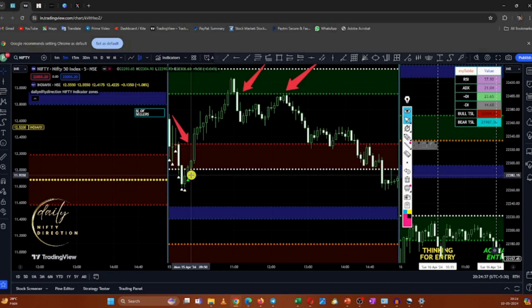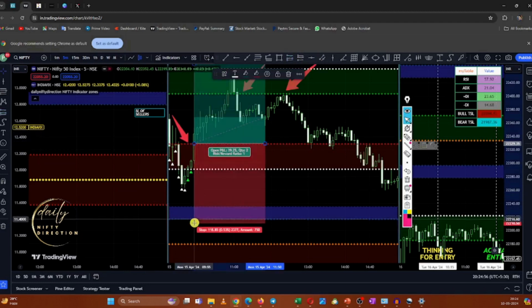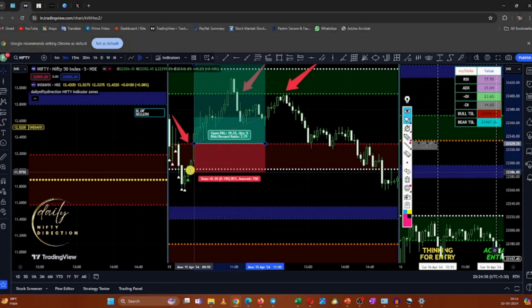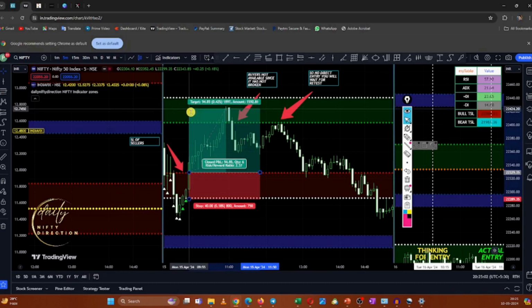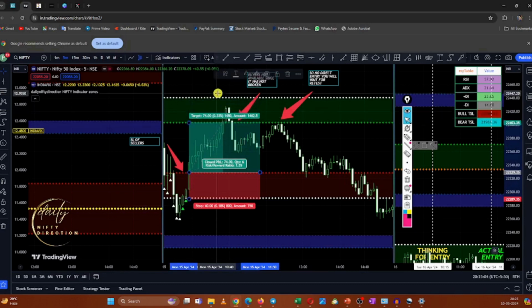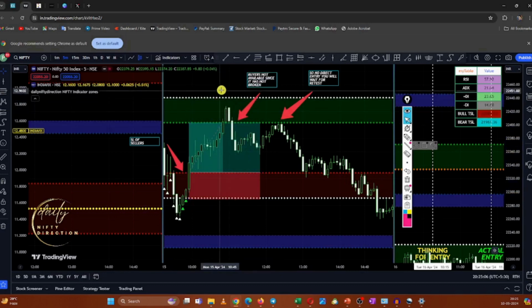So this is the indication of profit booking, so you can even take direct entry here, because the stop loss of this candle was above here on this line, so you can take direct entry here and your target will hit. You do not have to wait for this zone to break out, no.